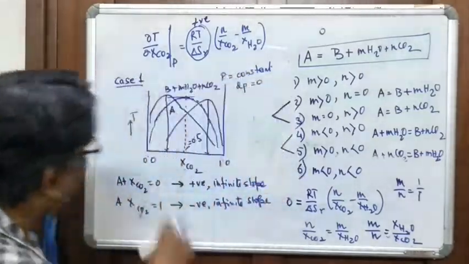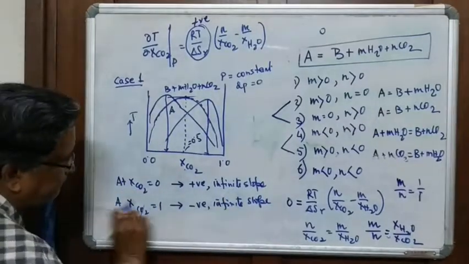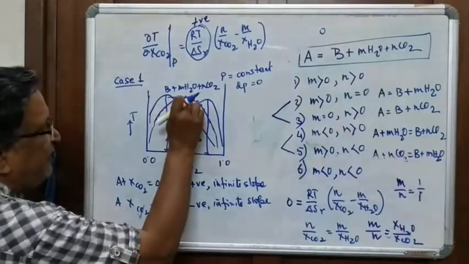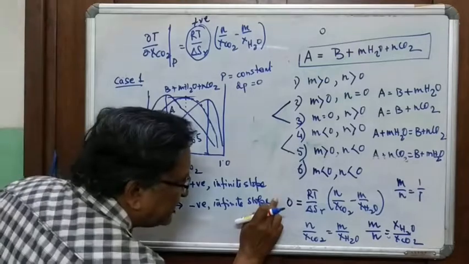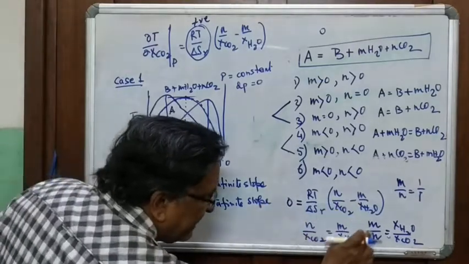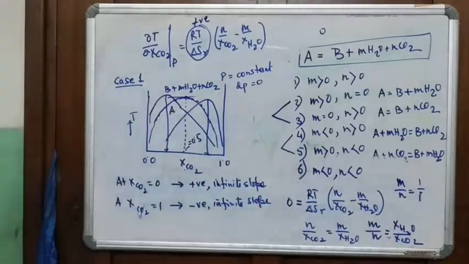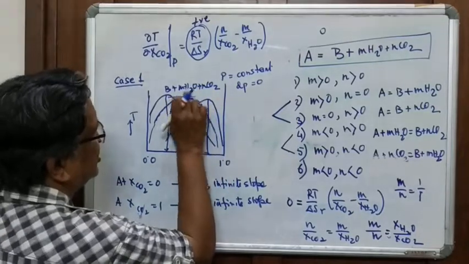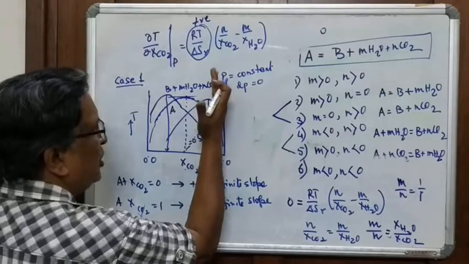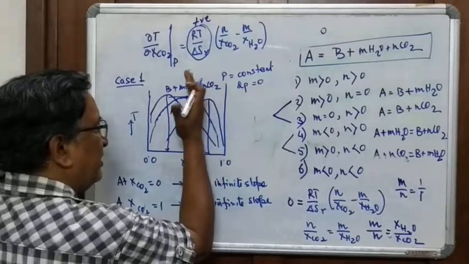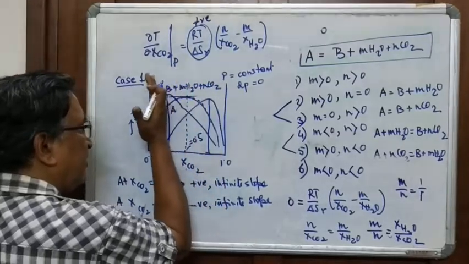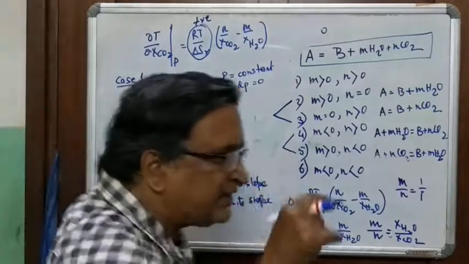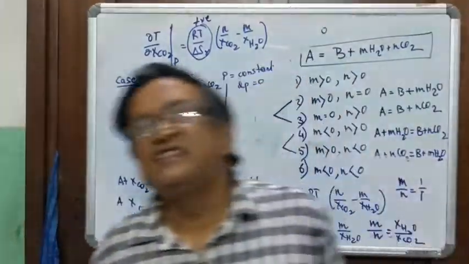If this is 0, then you will have an inflection curve here, from which you can derive M by N equal to XH2O by XCO2. So depending upon the stoichiometry of the reaction, the M is to N ratio, the curve can be here, here, here, here, and here, anywhere where the inflection point is.